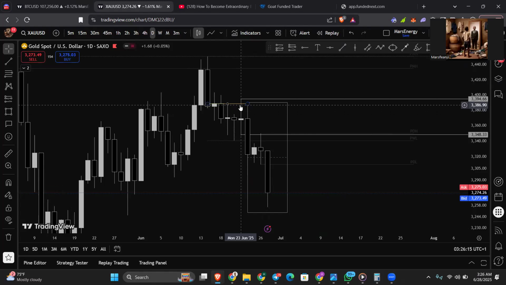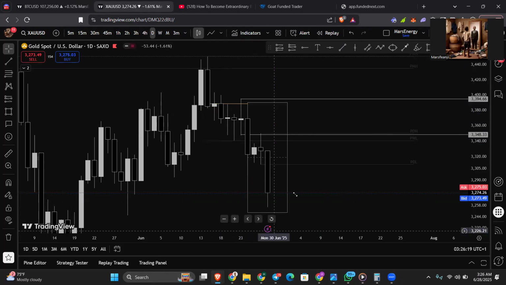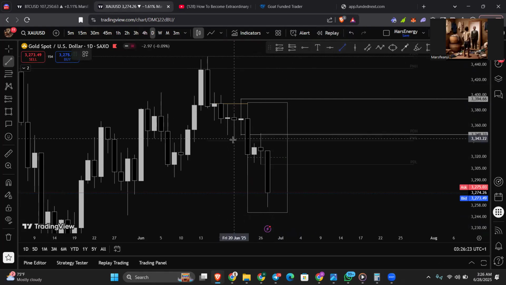Since price has taken out Friday high, our expectation for the coming day, which is Tuesday, is that if we are selling, the overall place we are looking at price coming to is the Friday low, because price always moves from one liquidity point to another.